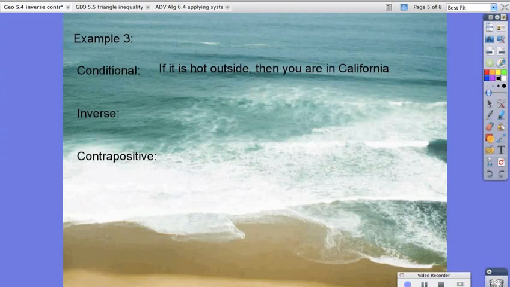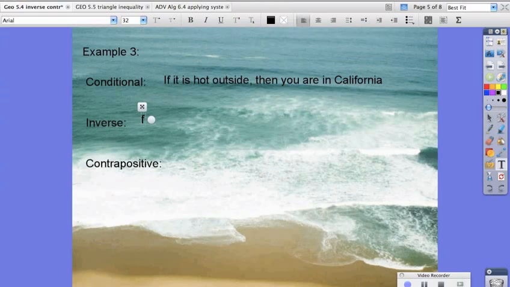Let's try another example. It says, if it is hot outside, then you are in California. Now this time we're not going to do all this duplication. We're going to create the inverse from scratch. Again, if doesn't change. So if it is not hot outside, then you are not in California.